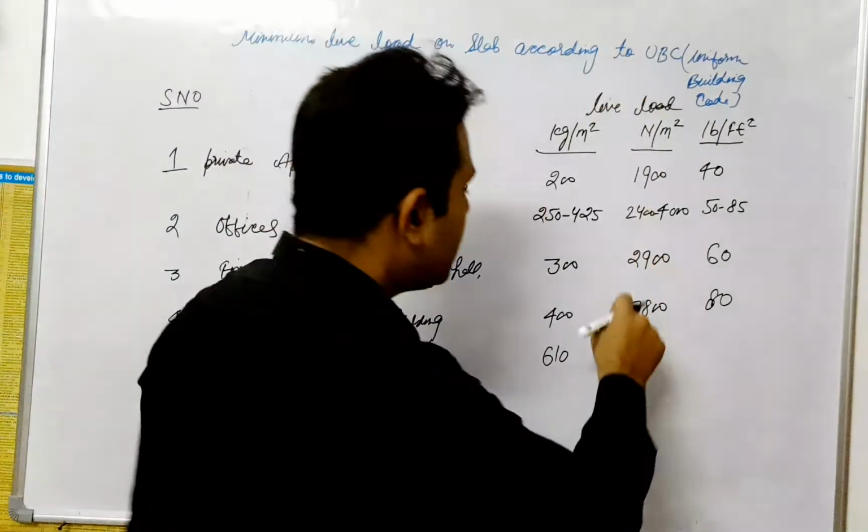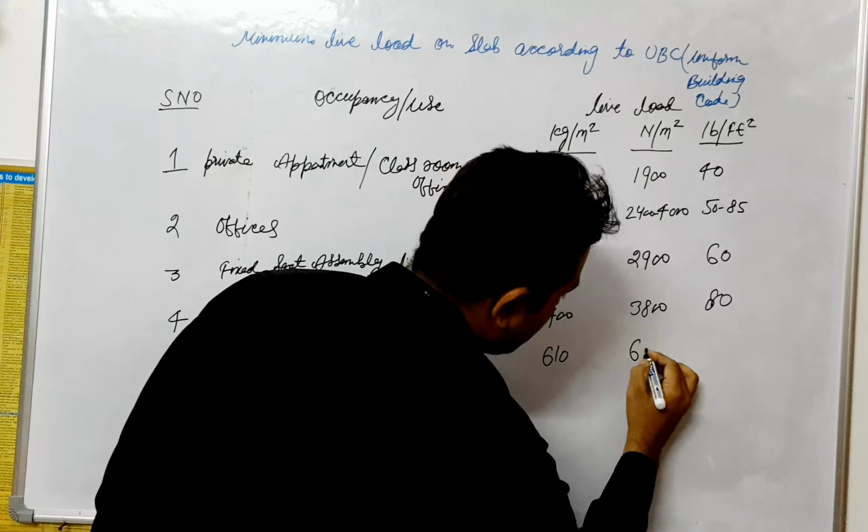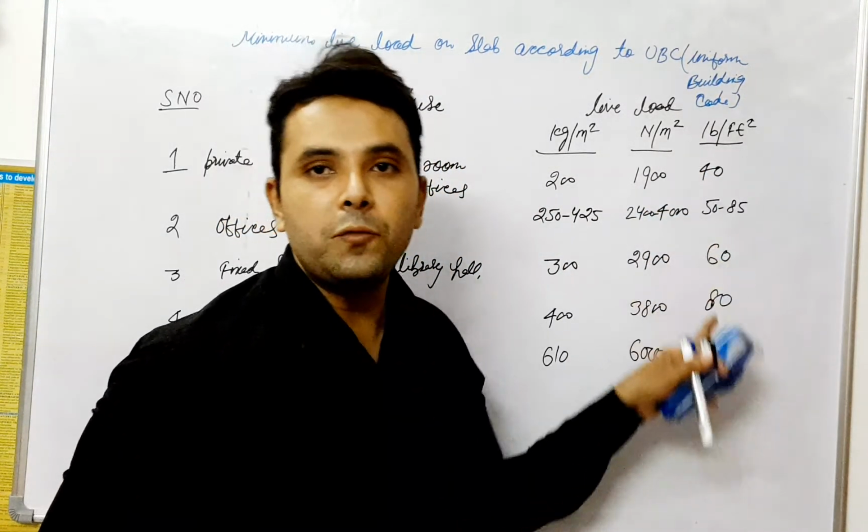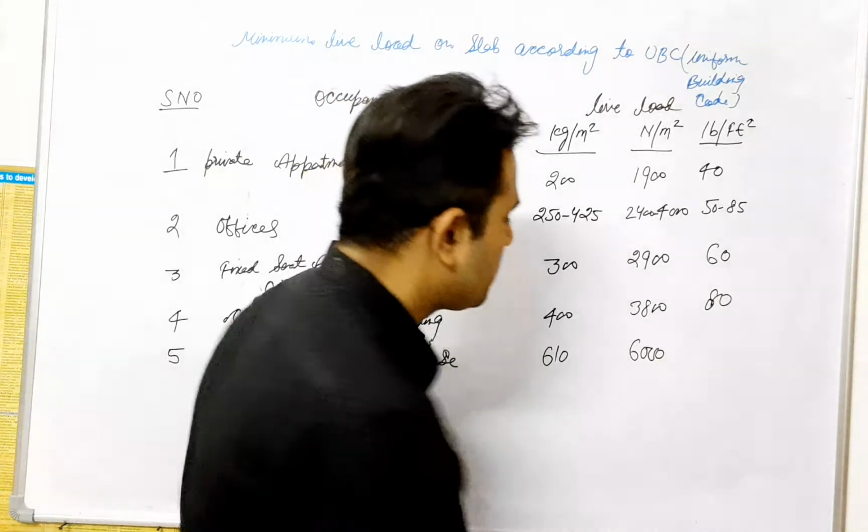Clear? And in this case you have to take 6000 for Newton per meter square, and for pound per square feet you have to take 125.